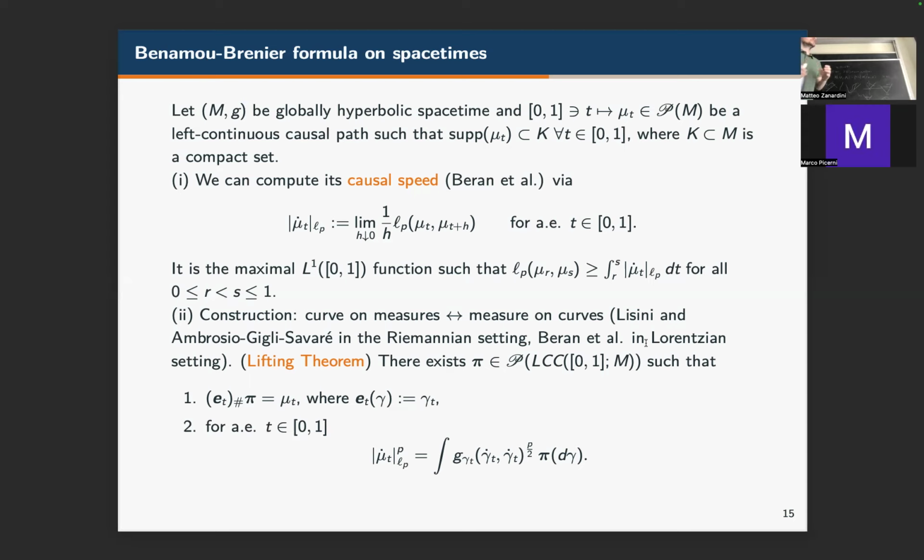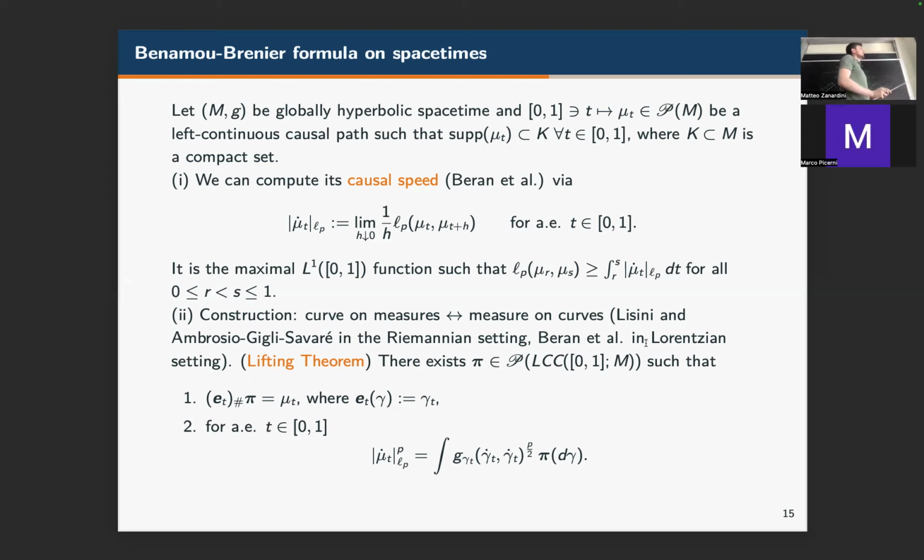One can prove also that it is the maximal L1 function such that the reversed inequality of absolute continuity holds: for every time s less than t, the l_p is greater than the integral of this sort of derivative. And notice that this is a function from [0,1] to non-negative real numbers, because this is non-negative by assumption, since mu_t and mu_{t+h} are in causal order.